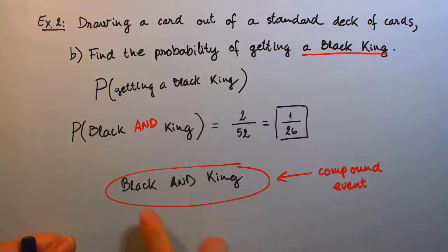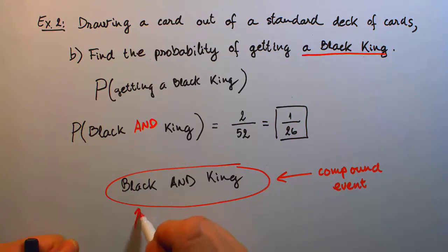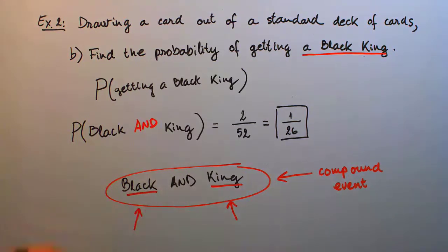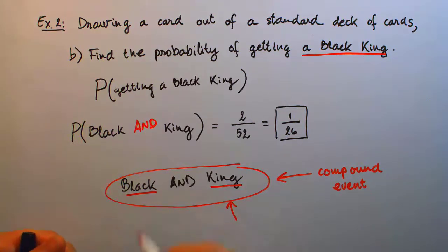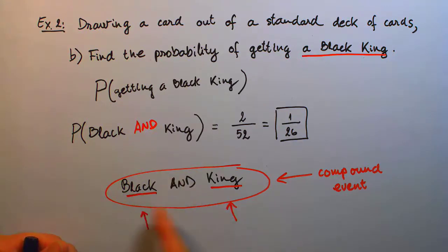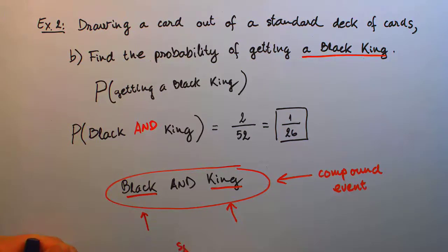It's one compound event where each of these, being black is only one single requirement, being king is another single requirement. So each one of these, being black and being king, inside of the compound event now, we refer to them as a simple event.